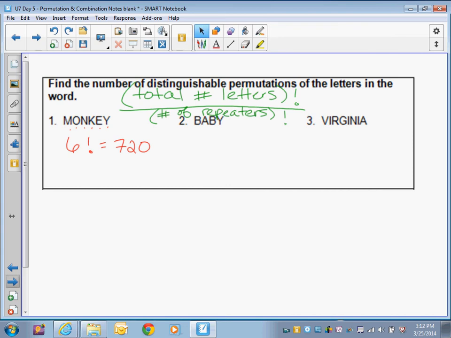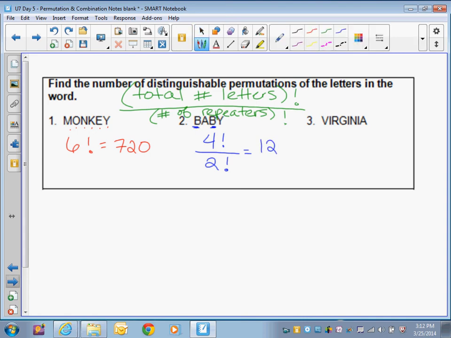In the next problem, baby has 4 letters, but we have 2 repeaters. This position repeats, and also this letter will repeat. So even though it's the one letter B, we still say that there are 2 repeaters, because there's 2 places where we see that letter B. So we're going to have 4 times 3, which is just 12.